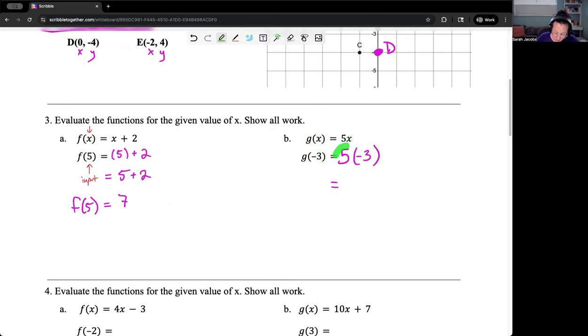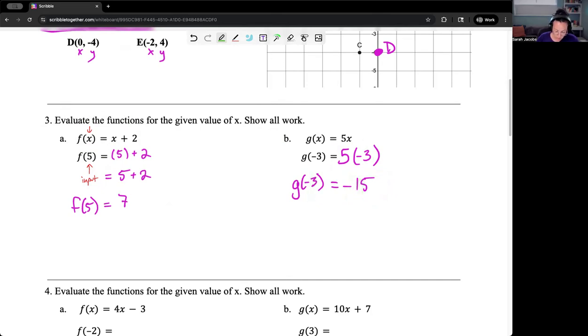Now, anytime I have a number next to parentheses like that, it means multiply. Since these parentheses just contain a constant, I just go straight to the multiplication. There's no other operations inside the parentheses to deal with. A positive times a negative is a negative, and 5 times 3 is 15. So g of -3 is -15. When the input is -3, the output is -15.